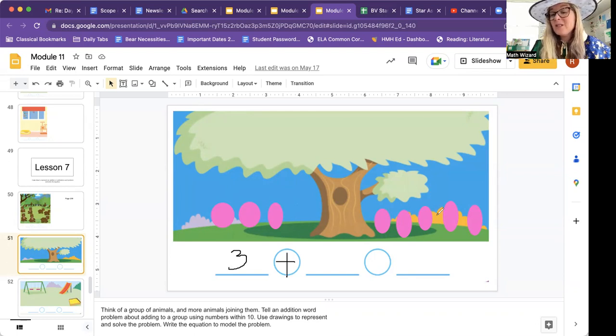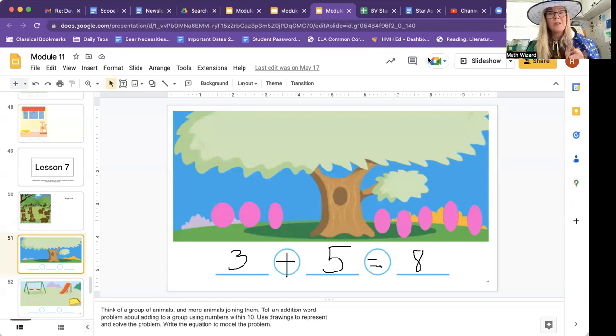And how many joined them? That's a plus because we have 3 and we have more joining them. 5 equals, how many are there now? Well, let's count. We have 3, 4, 5, 6, 7, 8. 8. All right, that's my story.